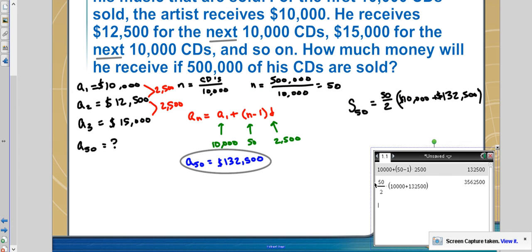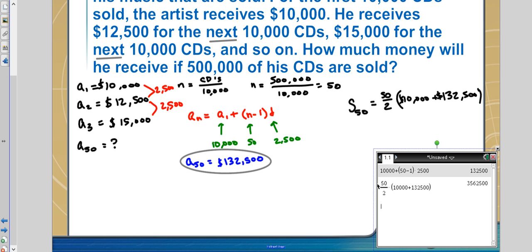And now you can see where these values came from. It looks like this is 3,562,500. That's a lot of money. And that's how much you'd make for selling 500,000 CDs.